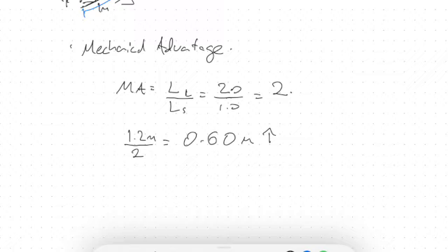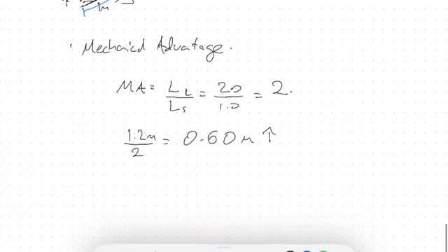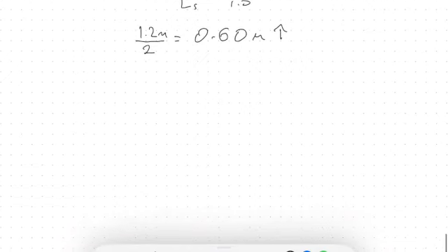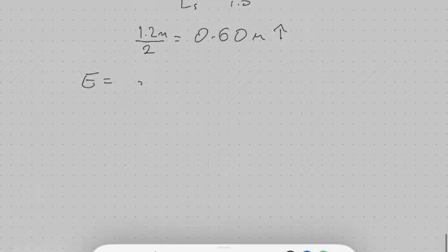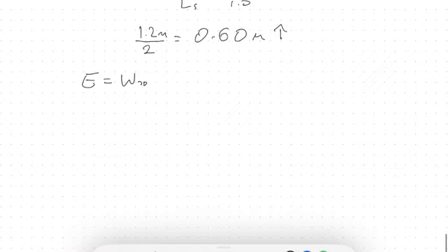The other question is about efficiency. If she pushes with a 98 Newton force, what is the efficiency of the system? So efficiency is work out divided by work in.